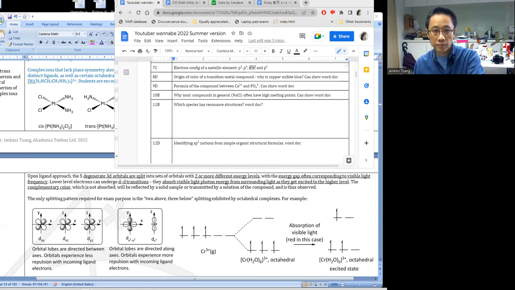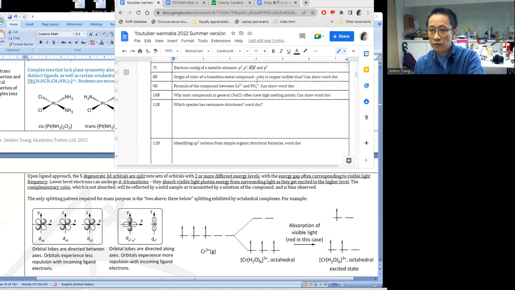Then choice B says light complementary to blue is absorbed when electrons return to lower d orbitals, and that's just not how physics works. When electrons go from a higher energy level to a lower energy level, energy is released, much like when you drop an object. Gravity causes an object to release gravitational potential energy as the object gains kinetic energy.